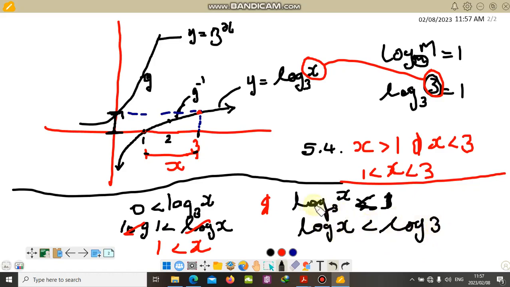Log 3 comes from cross multiplying. So I remove the log, and x is less than 3. So we see the condition is 1 is less than x, and x is less than 3. Same thing. Just that solving for x takes time. It's easier if you just see it immediately from the graph, right? Because it's just too much.